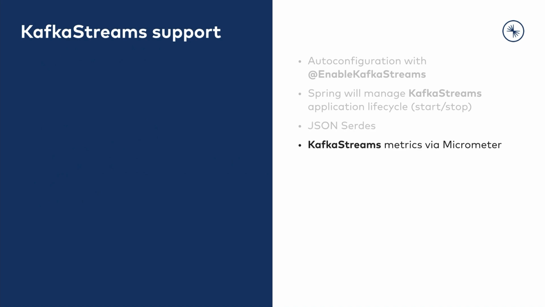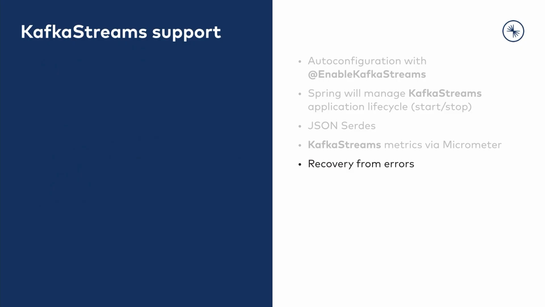If you are in the world where you need to monitor and see what is going on with your application, which you should do in production, Kafka Streams exposes some of the metrics through JMX, and Spring Kafka provides a wrapper around those metrics and exposes them through the Micrometer framework. So those things will be available for consumption by different frameworks and dashboard tools.